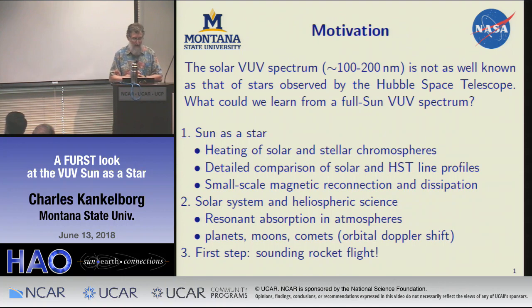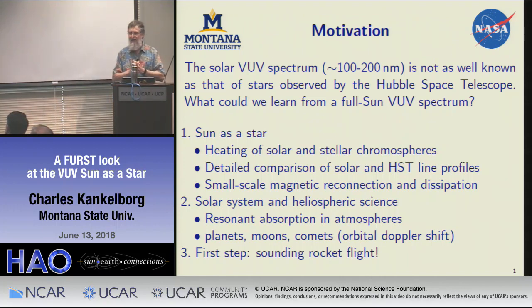Likewise, moving away from stellar physics, we could talk about general solar system physics. If you have a comet, let's say, that's approaching the sun pretty fast, as comets are known to do, it sees a blue-shifted version of that spectrum, right? And so if you want to know something about resonant excitation in that cometary atmosphere, you'd better know the line profiles for Lyman alpha and some other lines if you're going to understand what's going on.